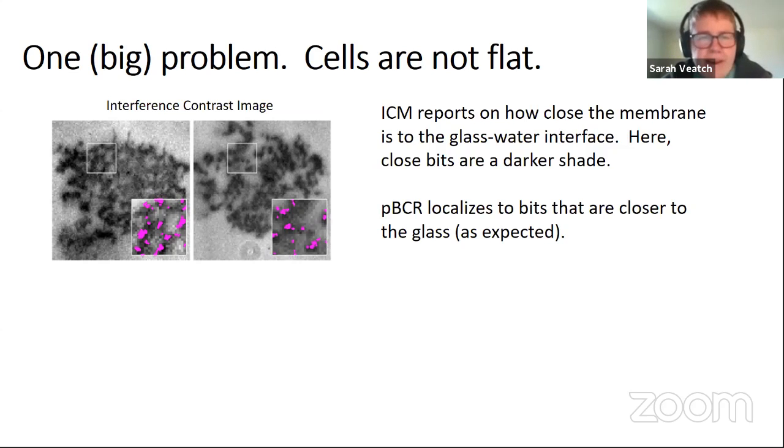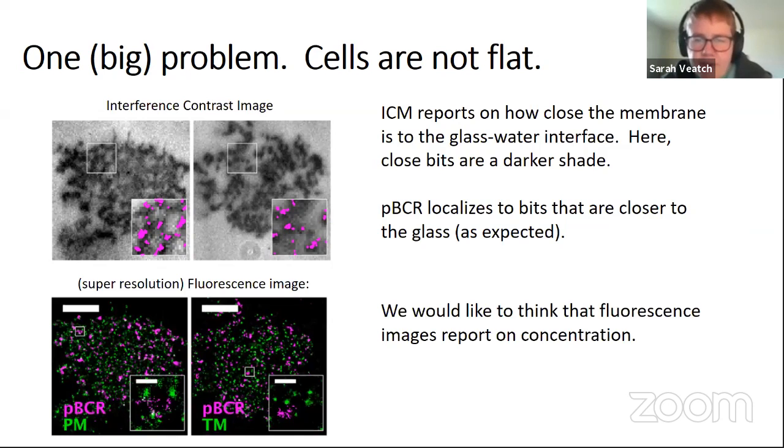Right, and so we can compare our two different types of imaging and show that they co-localize very nicely, which is unfortunate to some extent because what we're doing in our normal fluorescence imaging is we're assuming that the brightness of our fluorophore is reporting on concentration of the thing that's being labeled.